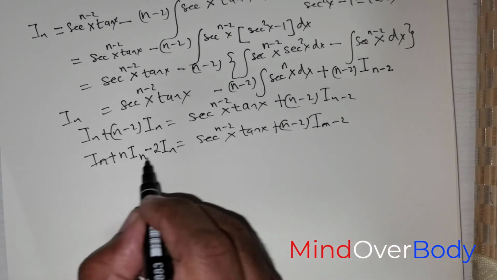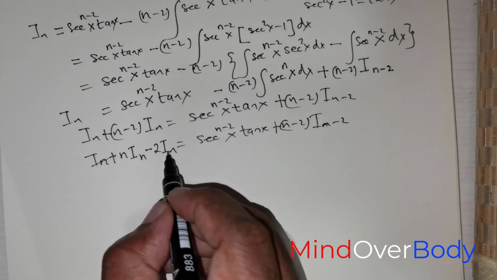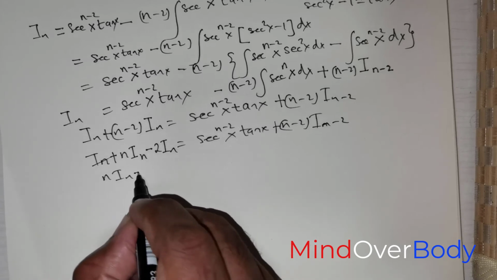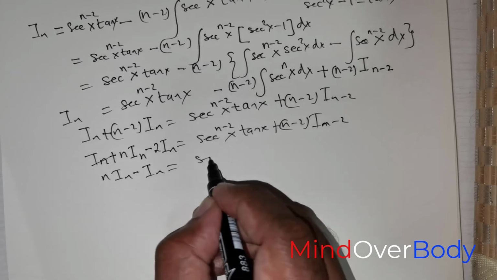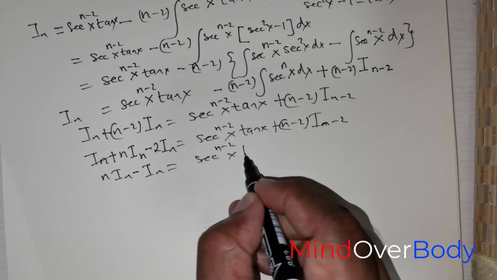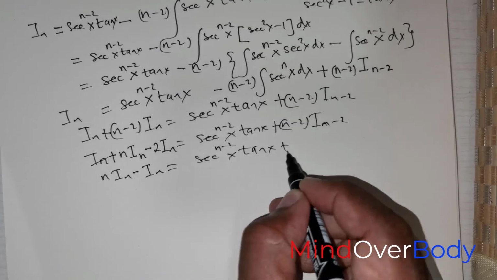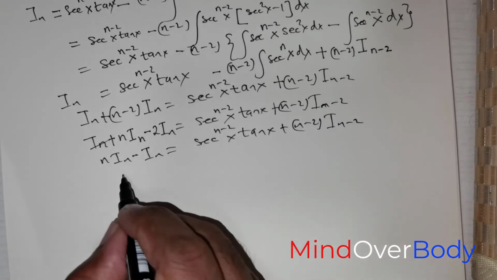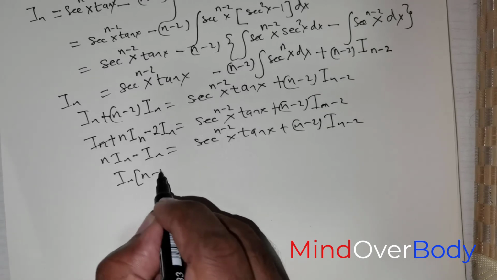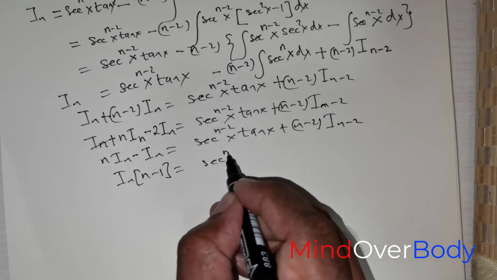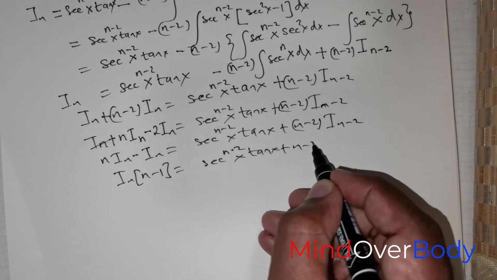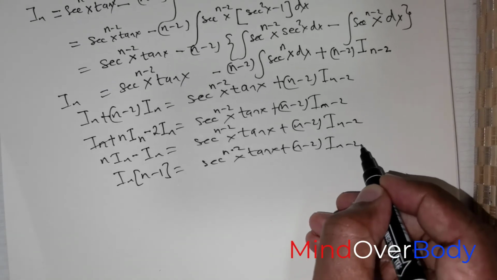Now I_n and a minus 2 times I_n, that would give me a minus I_n. So I_n minus I_n is equal to secant raised to the power n minus 2 x tan x plus n minus 2 times I_{n-2}. I_n can be taken out, giving me n minus 1 times I_n is equal to secant raised to the power of n minus 2 x tan x plus n minus 2 times I_{n-2}.